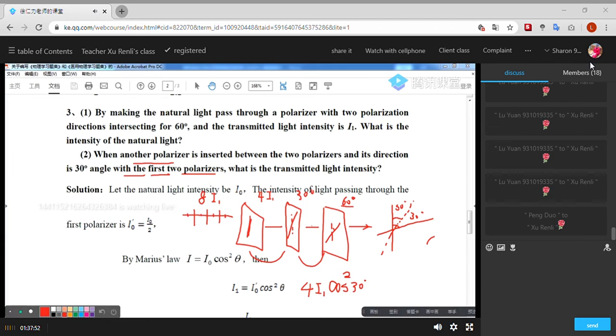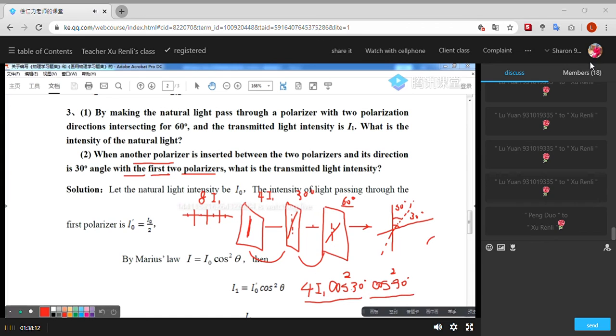And when it passes through the third one, we have to multiply by another cosine 30 degree squared, because here we also use Malus's law.